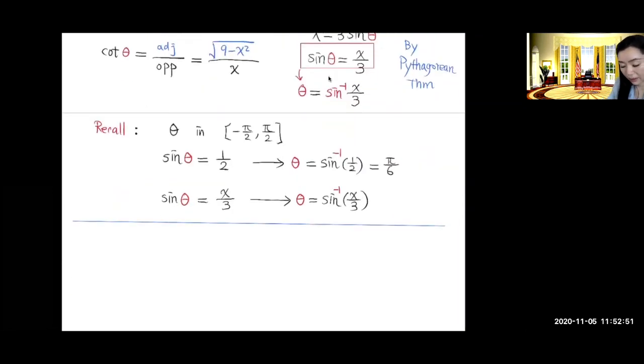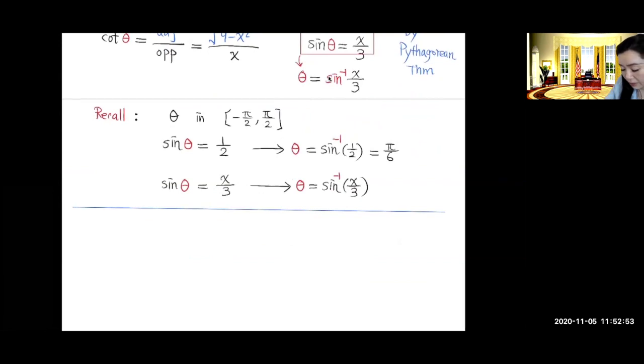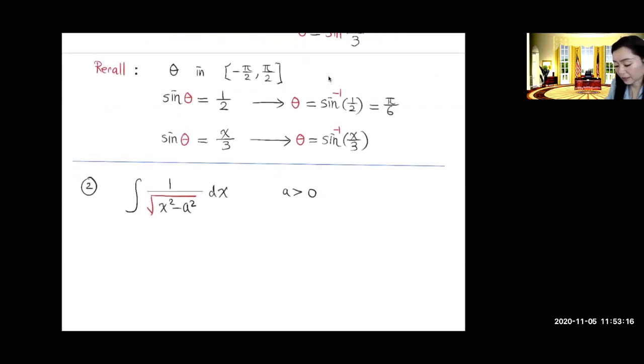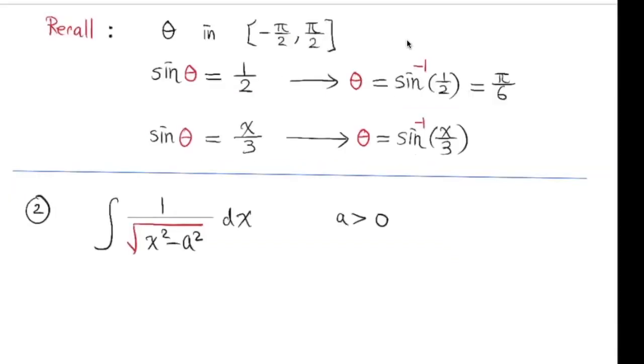All right. Number 2. This integral over here, 1 over square root of x squared minus a squared, where a is a positive constant. If we can get this one, we can actually use it as a formula in the future.